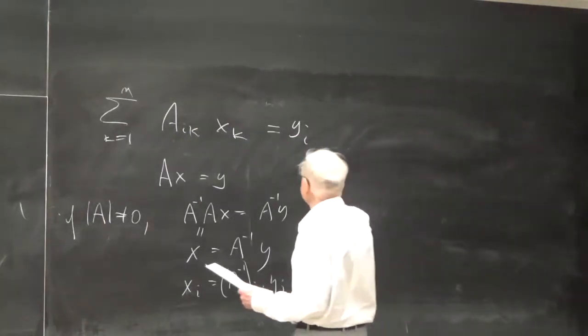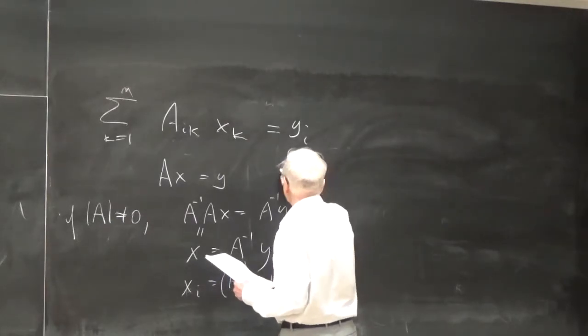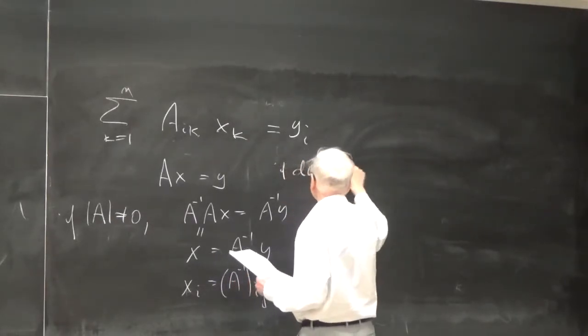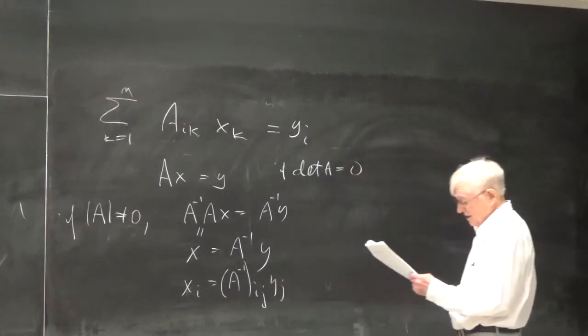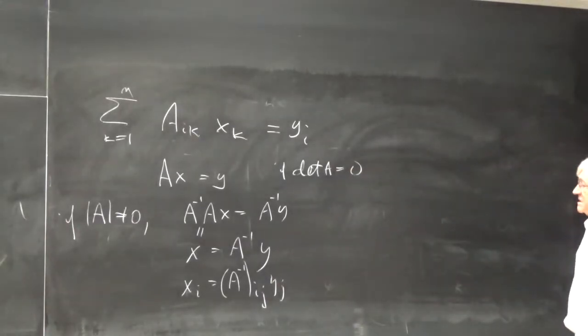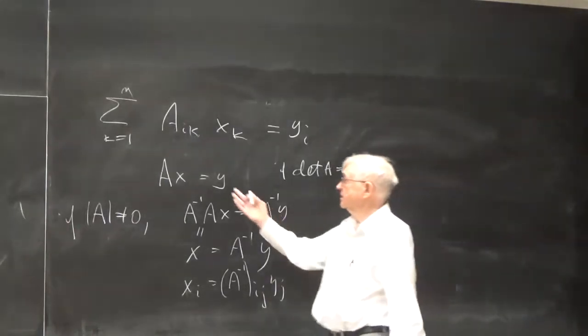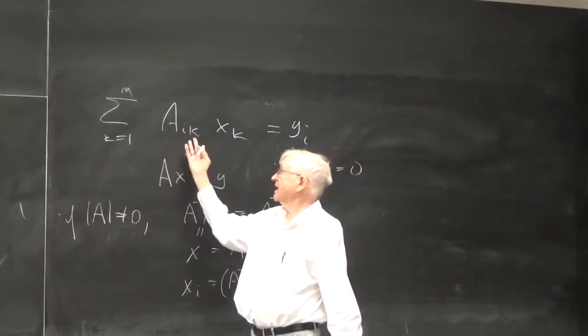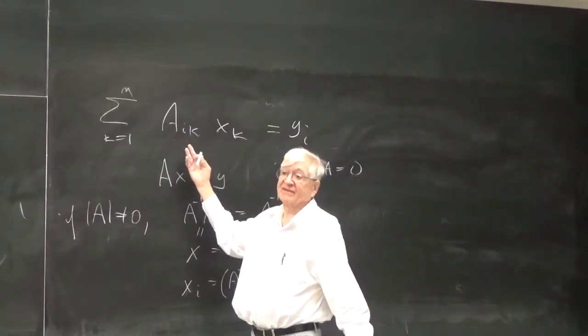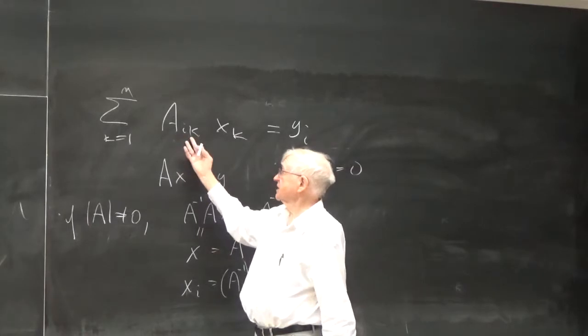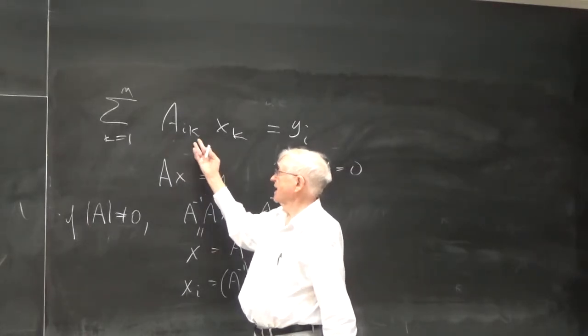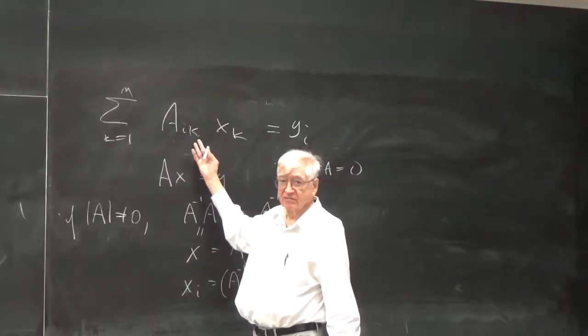If the determinant of A is equal to 0, then what that means is that the columns, or the rows, of A, but let's just consider the columns, are linearly dependent.